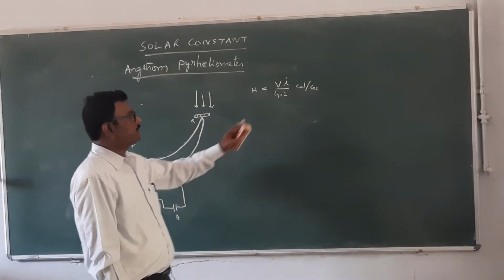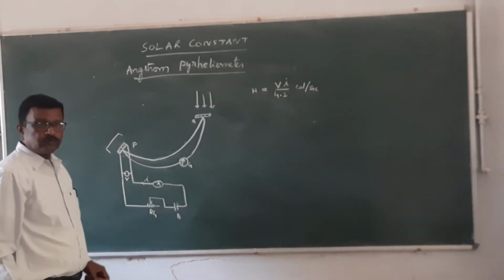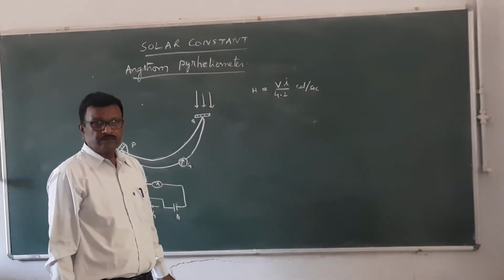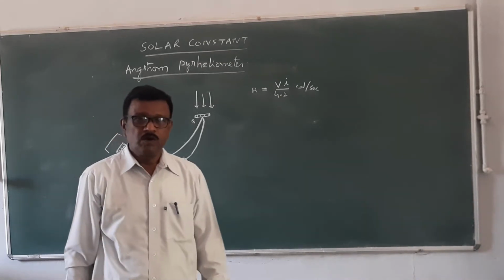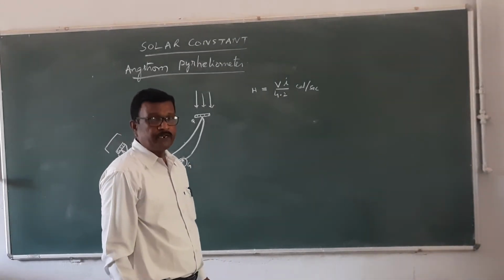This is the radiation received by Q in 1 second. For calculating the solar constant, we have to find the radiation received in 1 minute.